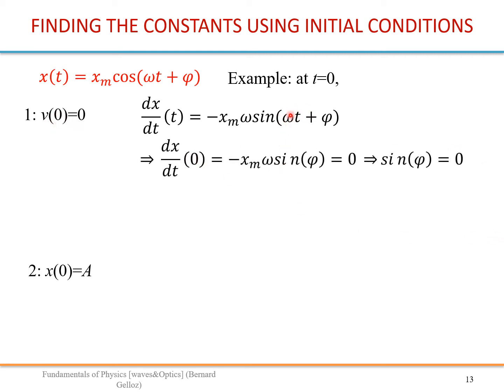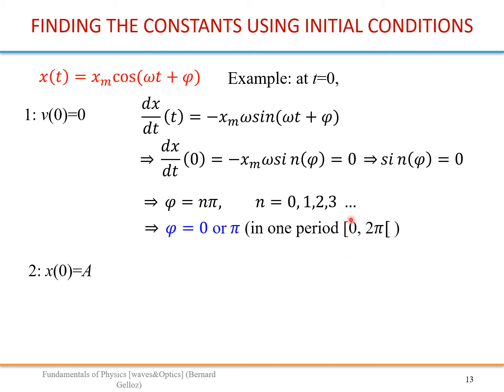So at t equals 0, this term vanishes, and we get this expression. So this is 0 if the sine is 0, and the sine is 0 if phi equals n pi with n equal 0, 1, 2, 3, etc. So if we limit ourselves to the first period in phase space, that is, from 0 to 2 pi for phi, we have phi equals 0 or pi. All right, so two possibilities.